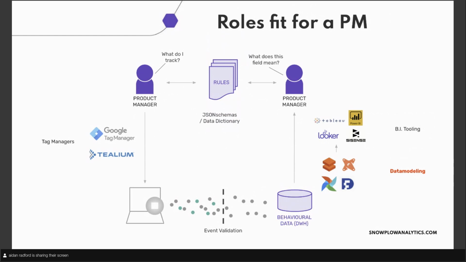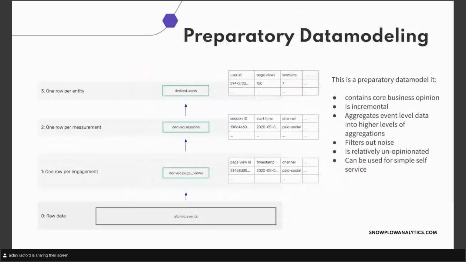So saying that this can be achieved with data modeling in itself maybe skims over quite a few key details. So what I really want to do now is to focus in on this area of data modeling and explain what data modeling looks like to an organization like Snowplow, or what it looks like for the clients that we work with.